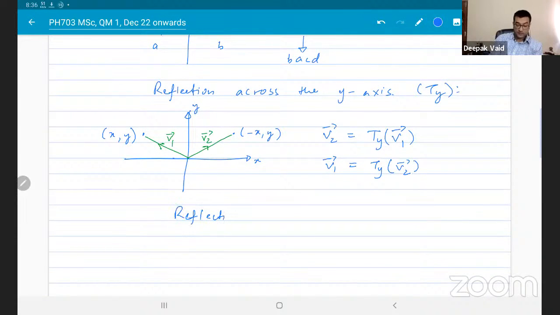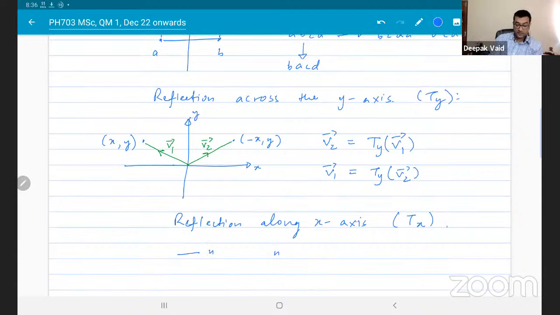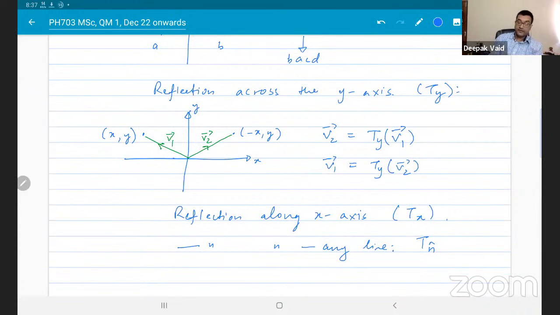Similarly, you can have a reflection along the x-axis, T of x. In general, one can have a reflection along any line. I will call that T of n hat, where n hat means the unit vector. If you specify the unit vector, then you're specifying the line, so the reflection across that line.